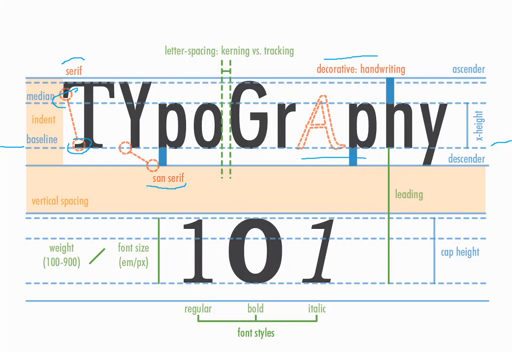As for the capital letters, like the T and G, their height reaches to the cap height. Cap height here. Now the small letters sit at the x-height, with their heads reaching the median line.